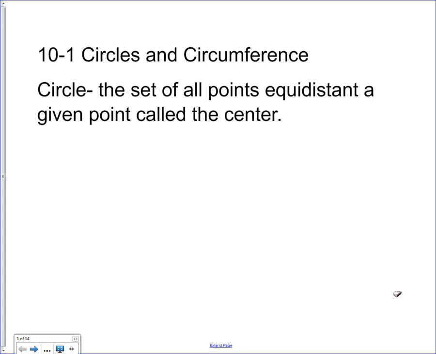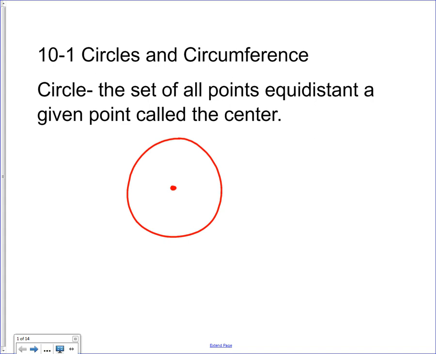So a circle by definition is the set of all points equidistant from a given point. That given point is called the center. So if we have a circle, we'll see how well I can do with it. Not too bad. So we have a circle and a center for the circle.